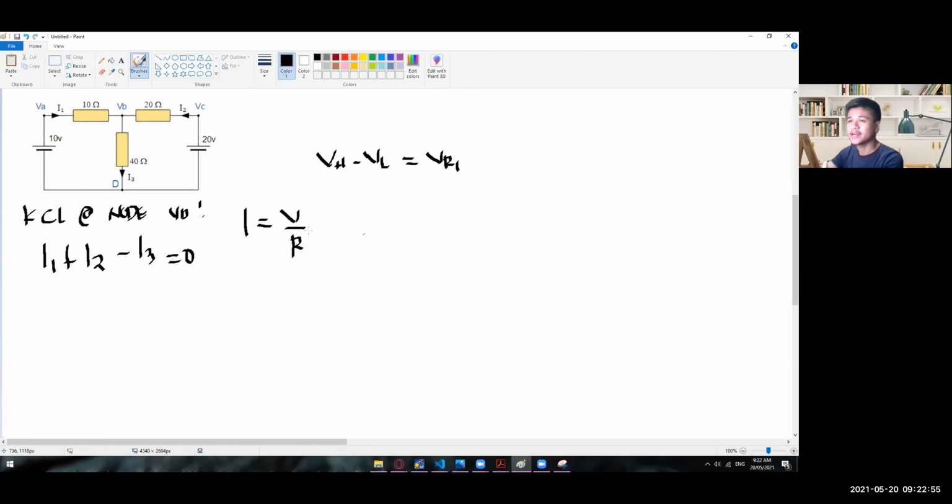So in here, the same method just like what we did a while ago, we could have here VA minus VB is equal to VR1. Again, how did we know that VA is the higher voltage than our VB? Because we have this flow of current right here. Assuming that we have 10 volts right here, of course after passing through this voltage drop, we now have a lesser voltage at this point at node VB.